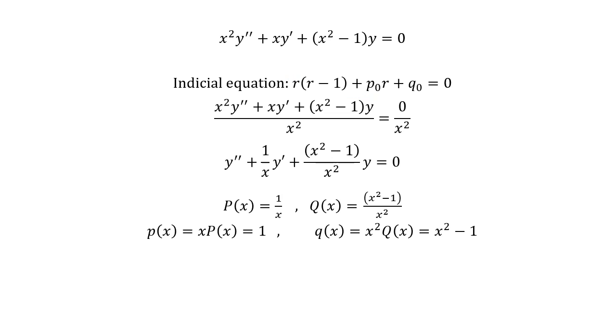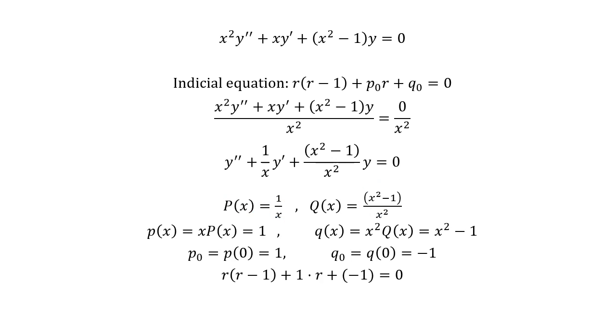Once you have the standard form, the coefficient of y prime is what we call p(x), and the coefficient of y is what we call q(x). So we have these two functions, and lowercase p is x times capital P, whereas lowercase q is x squared times capital Q, and P0 and Q0 are defined as the evaluation of these functions at 0.